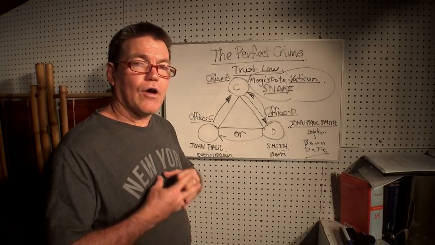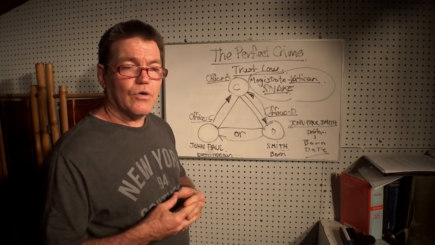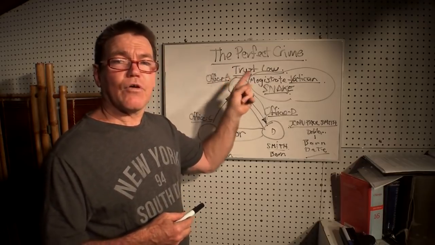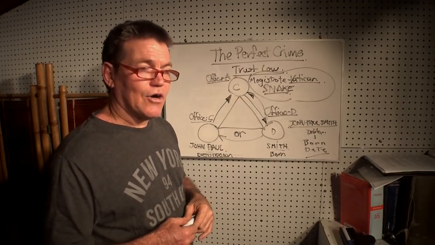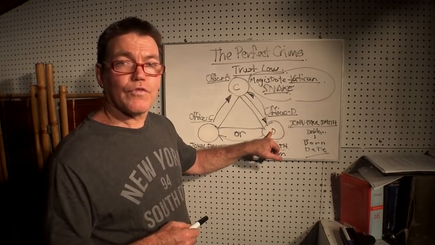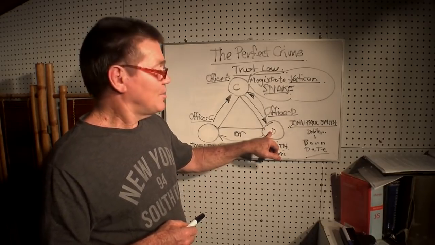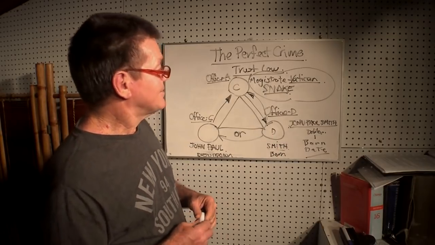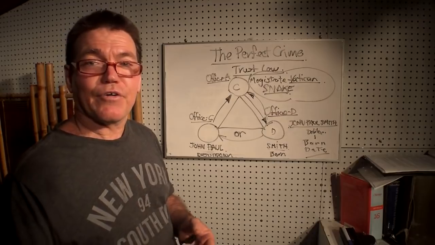I think it's the only crime that's really we've been warned about in the Bible. We're warned about this crime here. God warned Adam not to fall for the tree of the debtor, or you will surely die. That's the perfect crime.